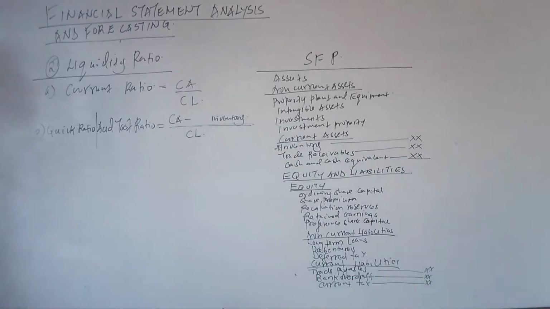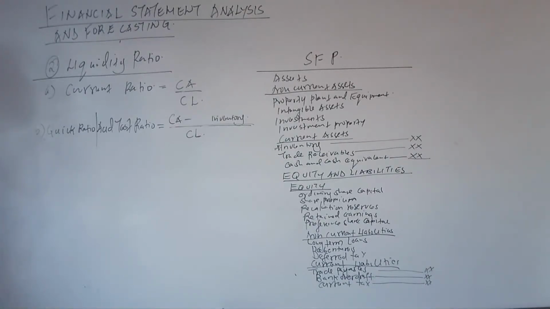Then below there, write and say that stock is excluded from calculating the quick ratio because of: 1, it may be difficult to convert inventory into cash immediately.